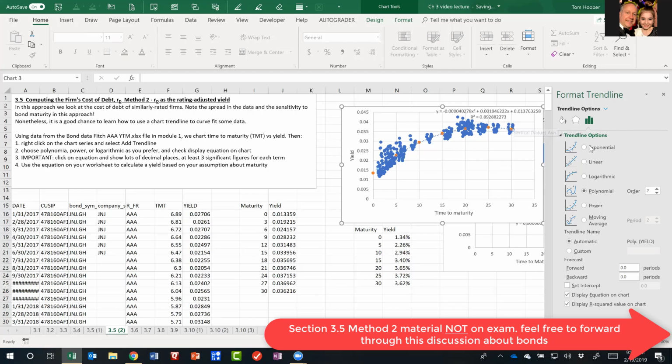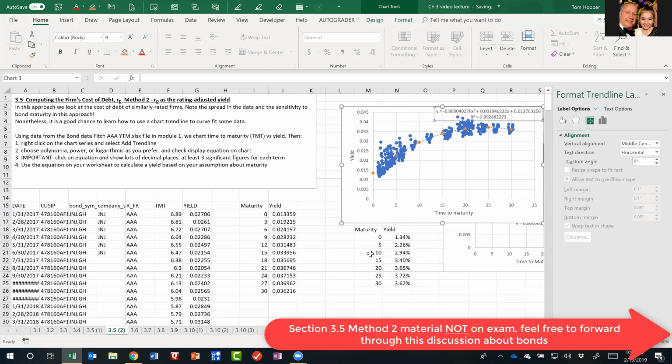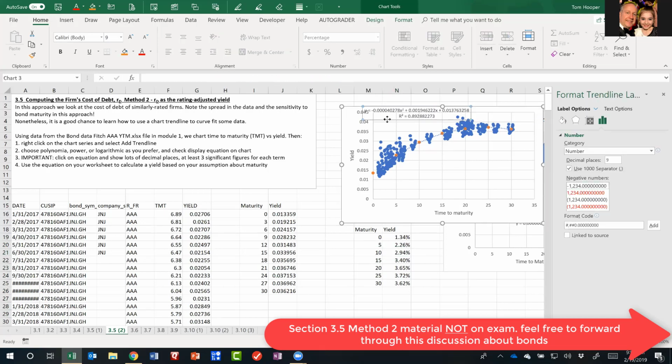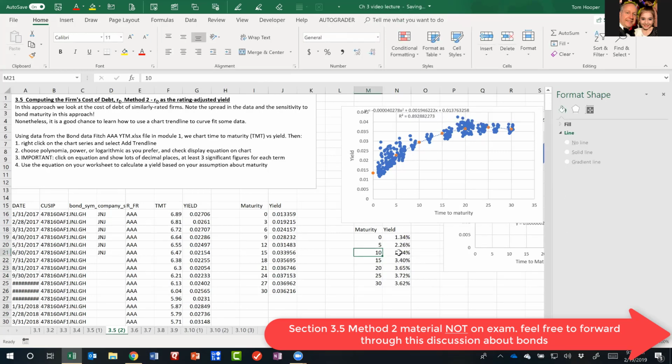And then you take that equation to calculate your yield. It's going to give you an equation of some form where y equals some function of x. X is going to be the maturity, and then you're going to calculate y, which is the yield on your debt.